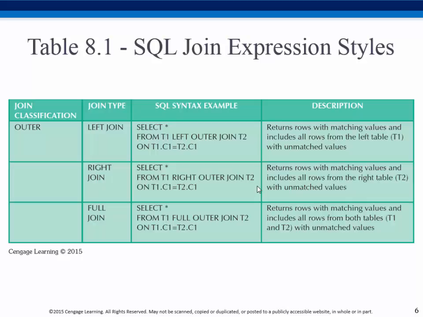The right join returns rows with matching values and includes all rows from the right table, which means everything from table 2 is included, whether it's a match or not. The full join returns rows with matching values and includes all rows from both tables, even with unmatched values. So you may have some nulls pop up with the outer join.